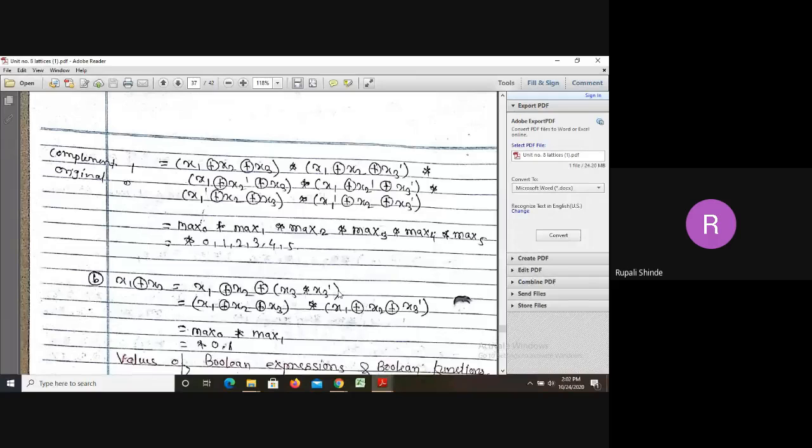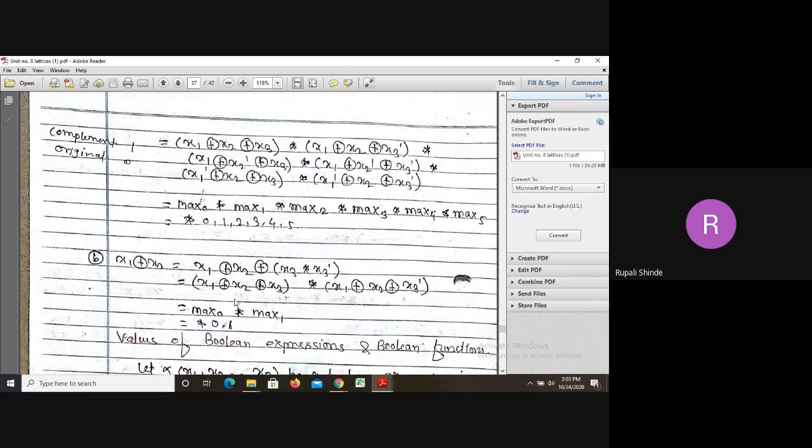So again we apply the distributive law as (x1 XOR x2 XOR x3), this is one bracket, star operation, (x1 XOR x2 XOR x3 complement). Again we have to convert this into binary form: if the original variable is there, we assign the value 0.